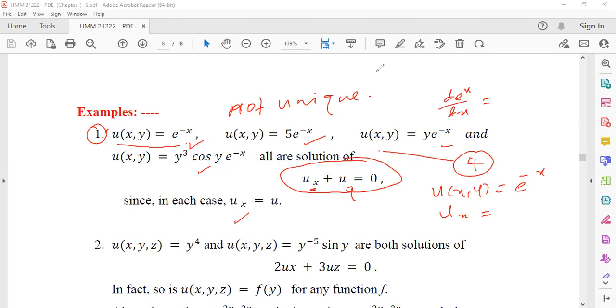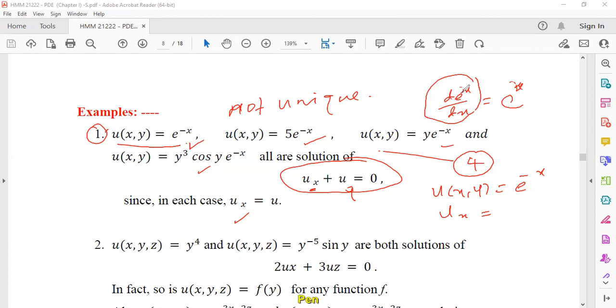What about the others? What is the derivative of e to the power x? Good, e to the power x itself. What about 2x?